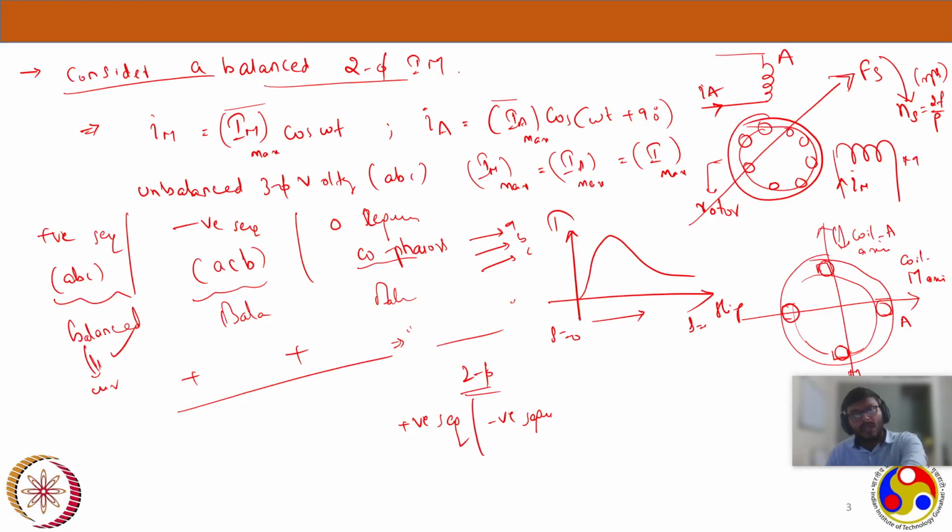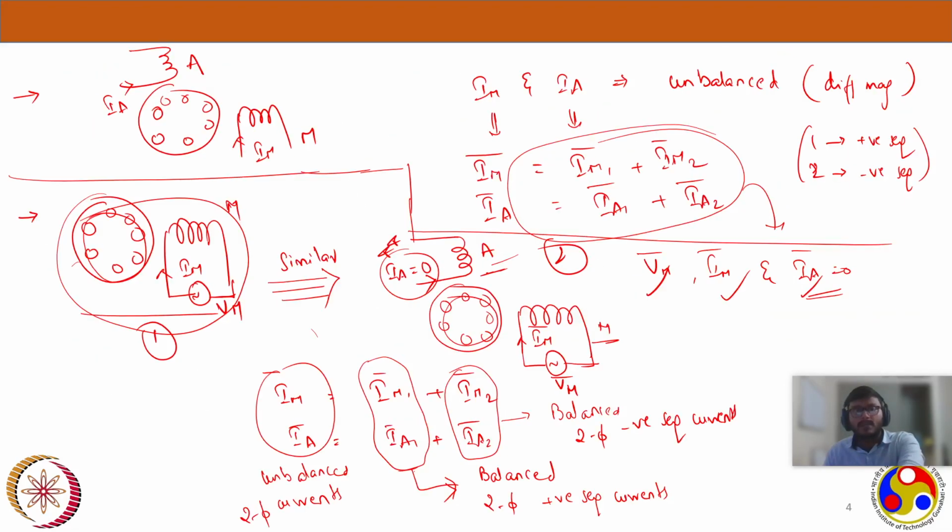So we tried to analyze how to model this kind of machine using the basic principle of a two-phase induction machine, and for an unbalanced system, how to analyze using sequence components. We tried to bring our single phase induction motor close to a two phase induction machine by imagining a fictitious auxiliary winding with no current flowing through it, which is exactly a similar condition.